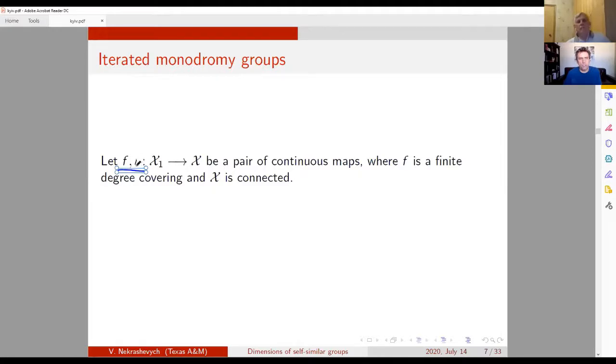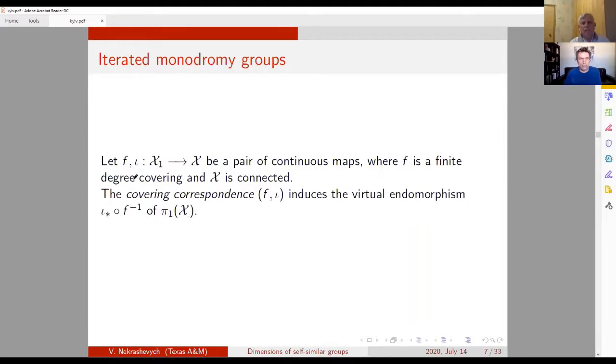And I think of iota as something approximately identity. So it imitates the identity map. So I'm thinking of it as one map, but for some reason I separate the space into 2 pieces, in two versions. And F is a finite degree covering map, and we assume that the spaces are connected.